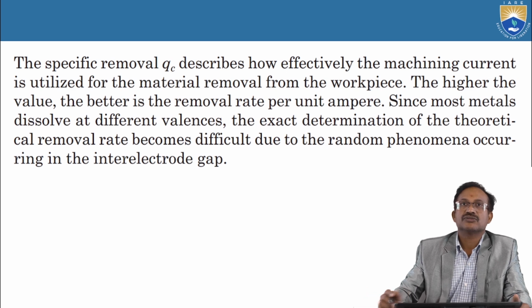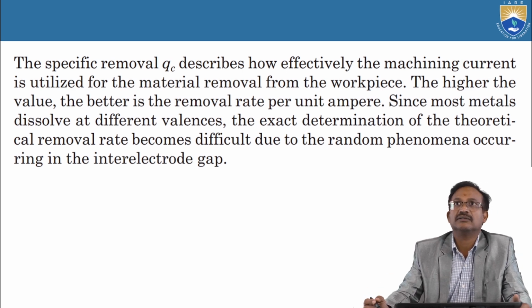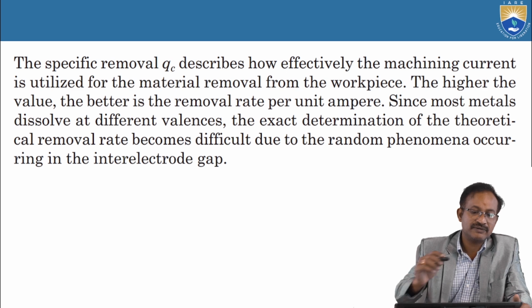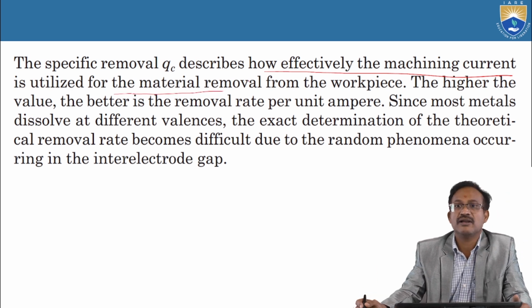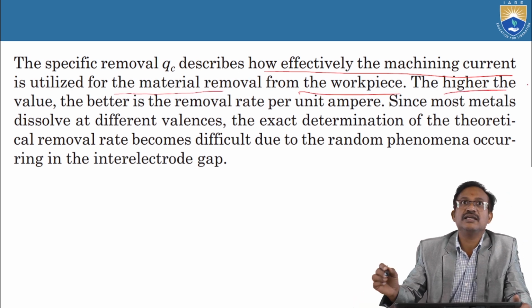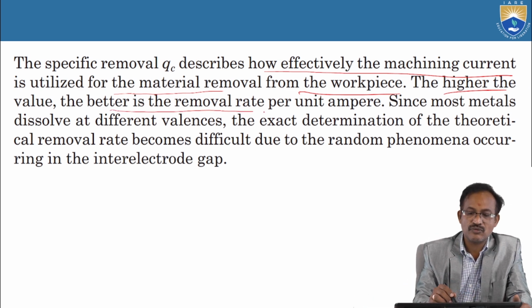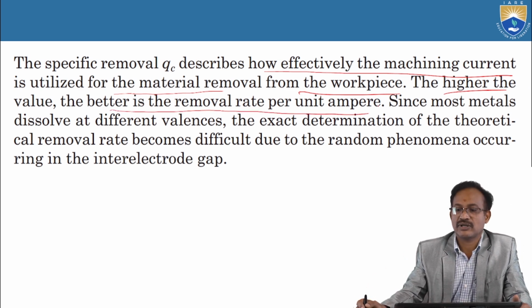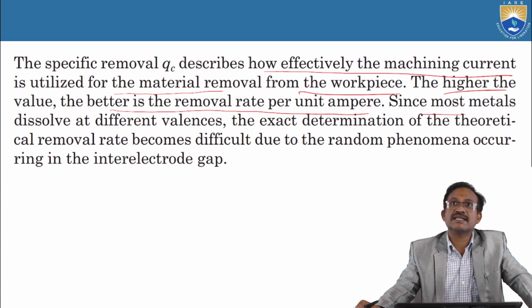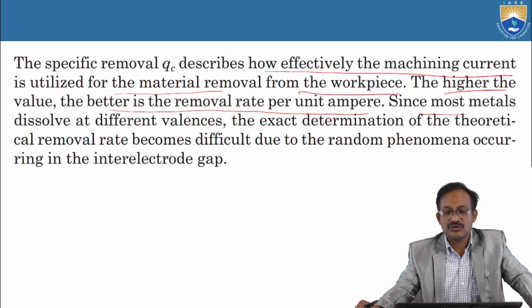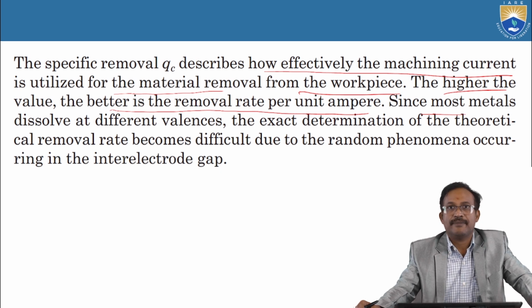So this text informs that the specific removal QC describes how effectively the machining current is utilized for the material removal from the workpiece. The higher the value, the better is the removal rate per ampere. Since most metals dissolve at different valences, the exact determination of the theoretical removal rate becomes difficult due to the random phenomena occurring in the inter-electrode gap.